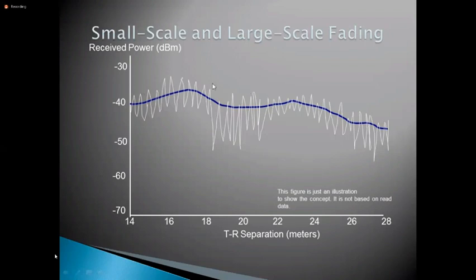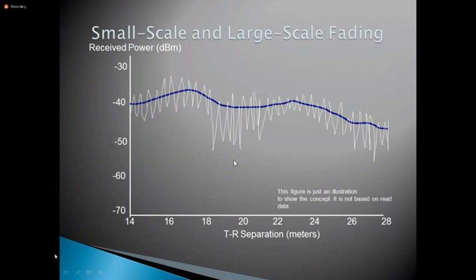Large scale fading means the signal power reduces significantly when the distance between the transmitter and the receiver increases.